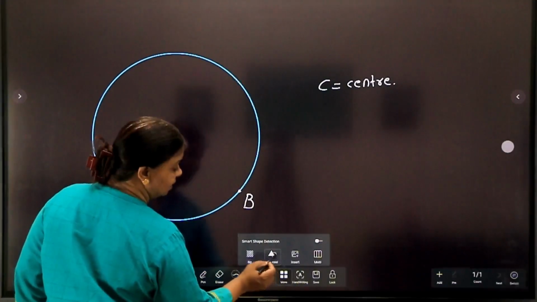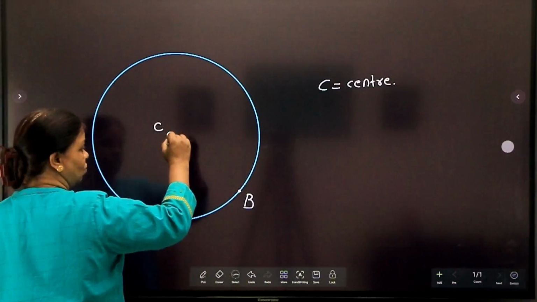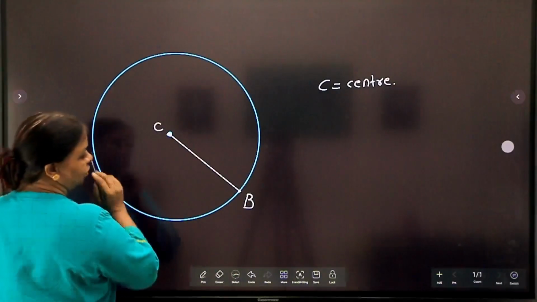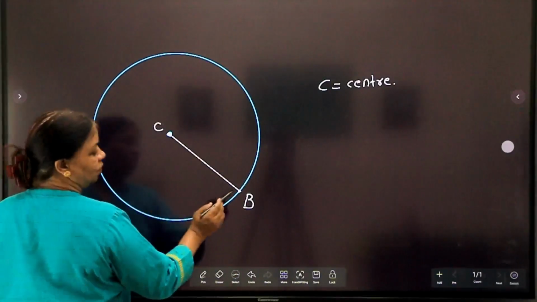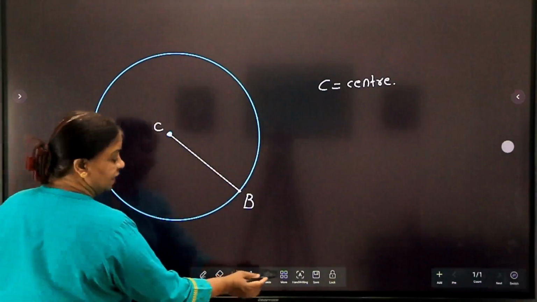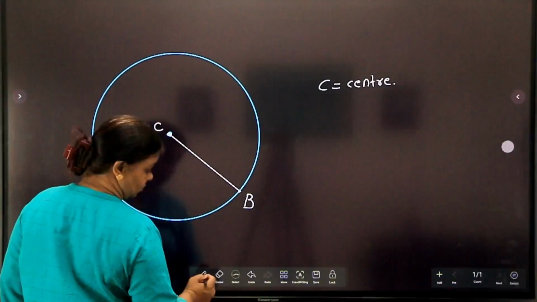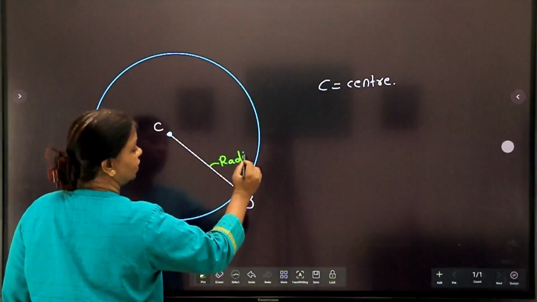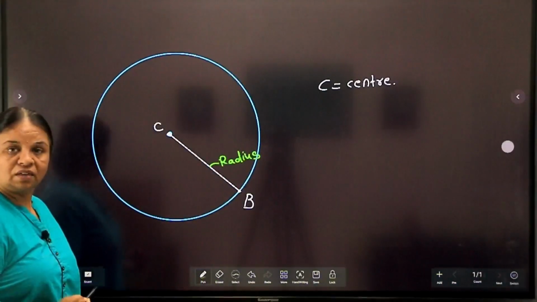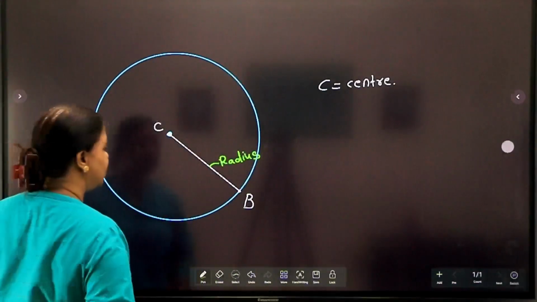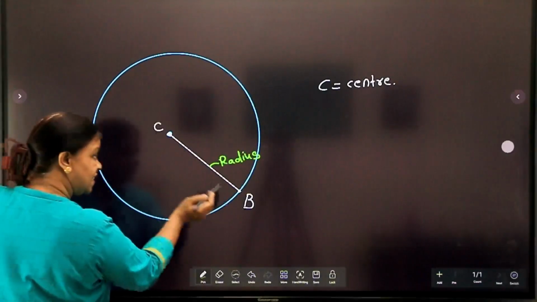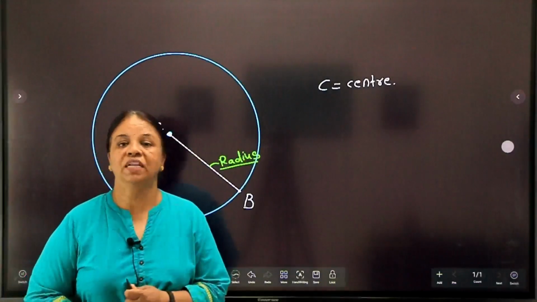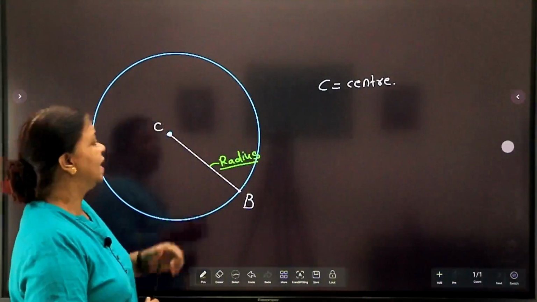If I draw this line which joins point C, which is the center, and point B, which is on the circle, this segment is called the radius of the circle. Clear? This segment is called the radius of the circle, and this distance is also known as radius.